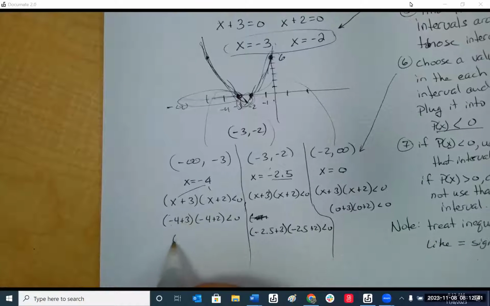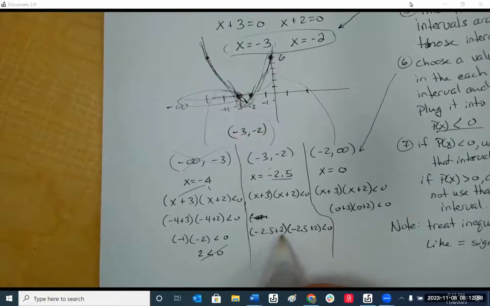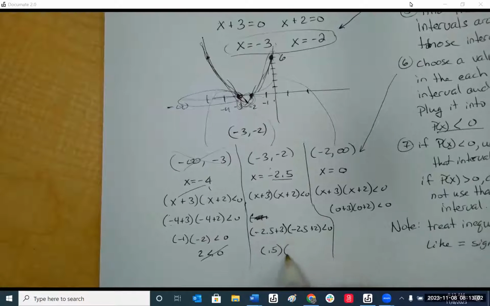Negative 4 plus 3 is negative 1. Negative 4 plus 2 is negative 2. Negative times negative is a positive 2. Is 2 less than 0? No. So we can't use that interval. Negative 2.5 plus 3 is positive 0.5. Negative 2.5 plus 2 is negative 0.5.